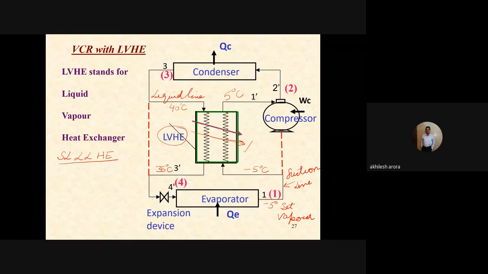And the reason is that the specific heat of the liquid is greater than the specific heat of the vapor refrigerant. So that is the reason that superheating is approximately equal to 10 degrees Celsius, whereas the subcooling, delta T subcooling, will be of the order of 5 degrees Celsius. So this is just a rough idea I am giving you.